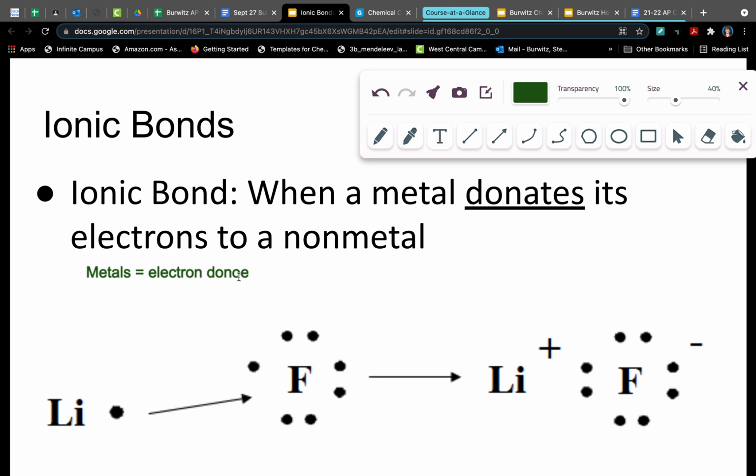Nonmetals are also electron acceptors. So that would be something to remember. We like to include that on quizzes or tests. You can see here that lithium is donating its electron to fluorine, which accepts the electron. Metal, electron donor. Nonmetal, electron acceptor.